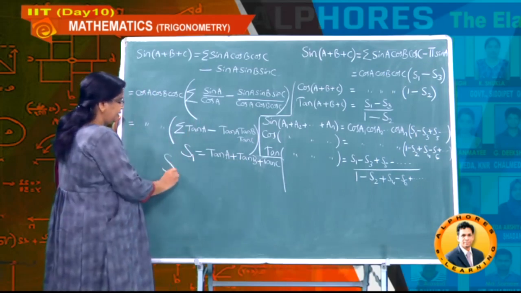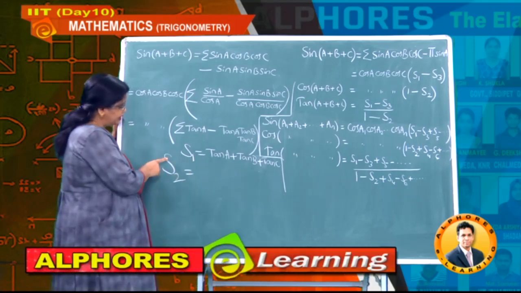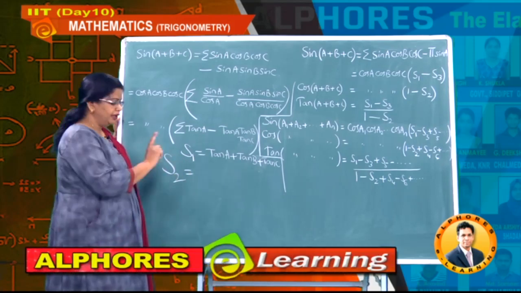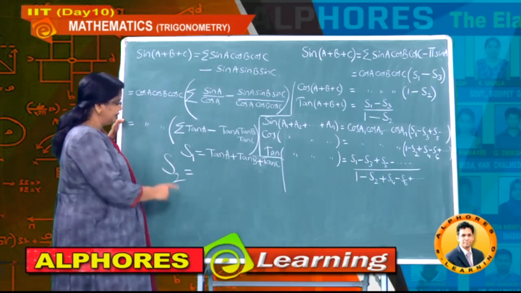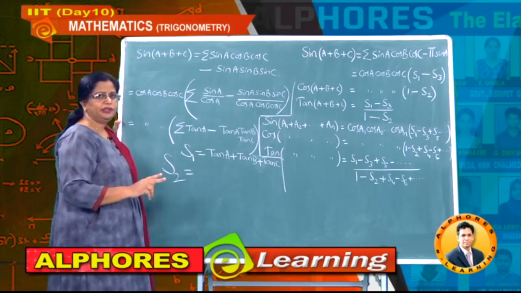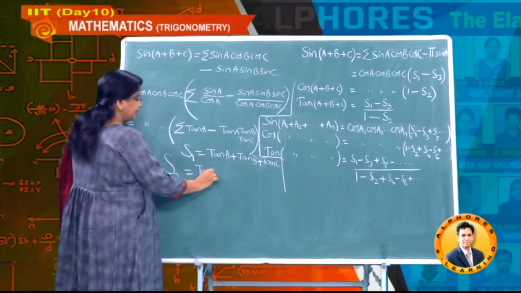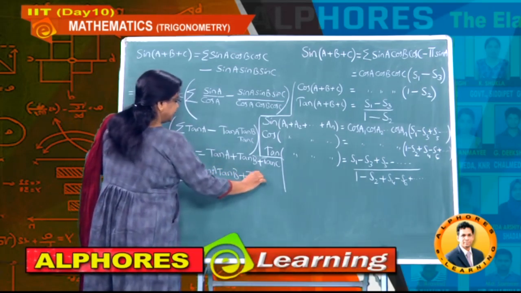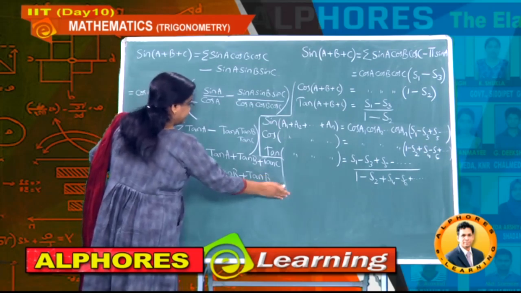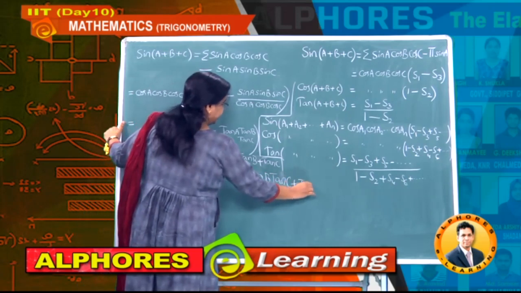And suppose I write S2, understand, now what is S2? Again sum only, but now you are taking two terms in the product, that is sum of products of terms taking two at a time, that is tan a tan b plus tan b tan c plus tan c tan a.